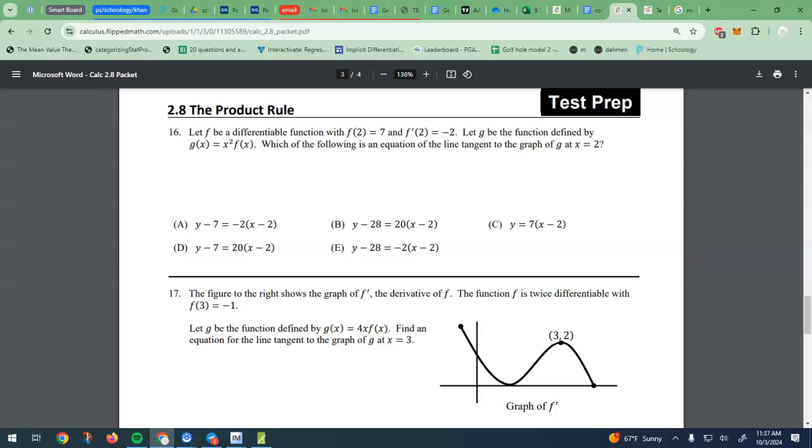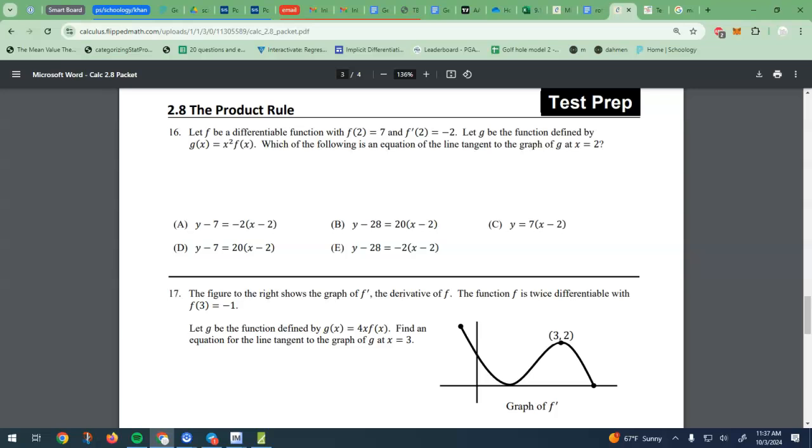So I'm just going to put my base formula here. I'm going to start filling in what I can. So this is the point that we're working with. So that's 2, 7. So 2 goes here, and 7 goes there.